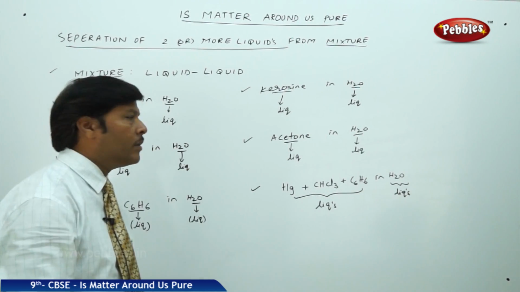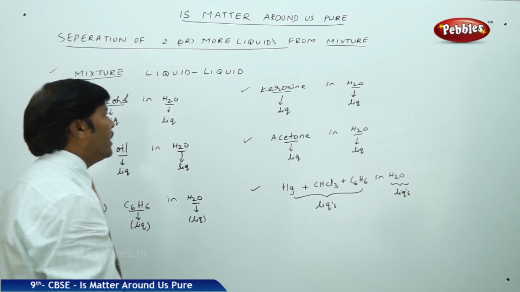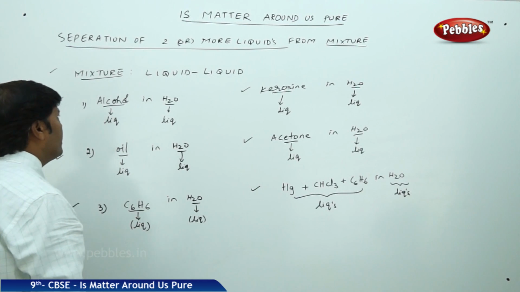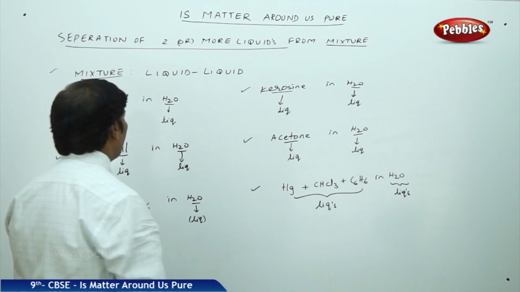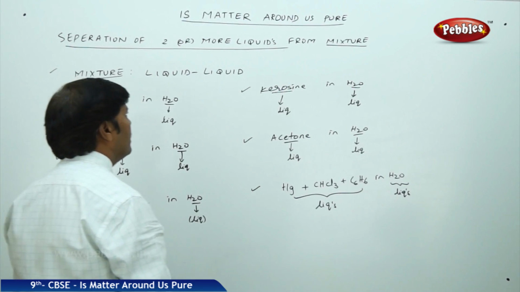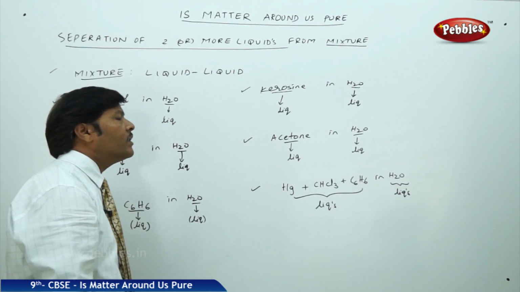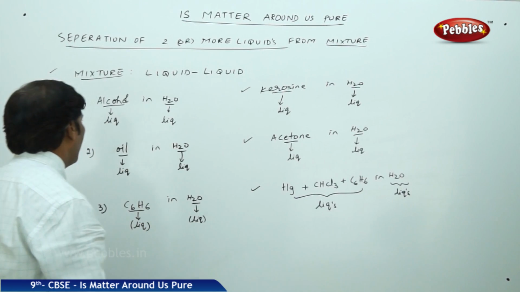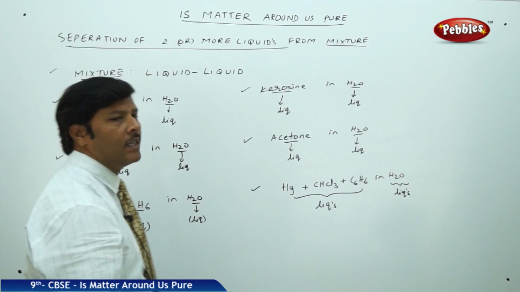So what is the concept involved in all these examples? What you are noticing is, in some cases there is a boiling point difference, and in some cases there is a density difference.